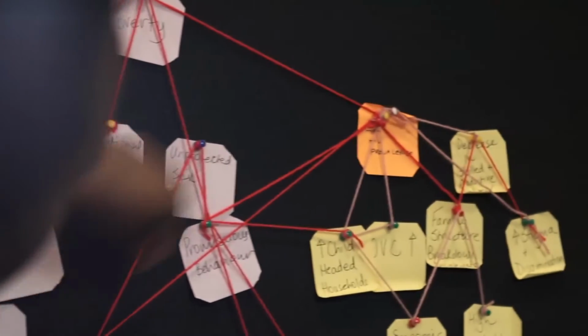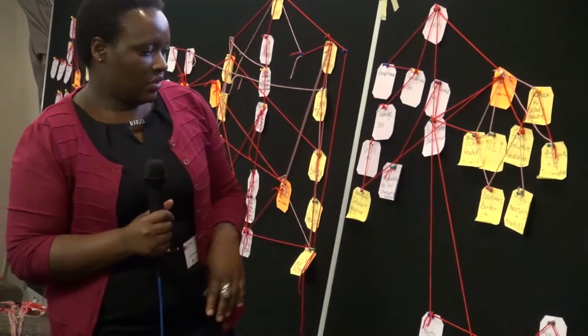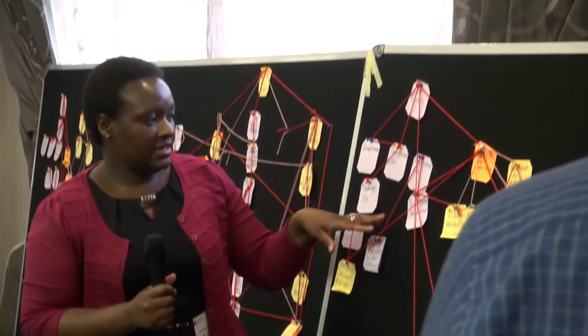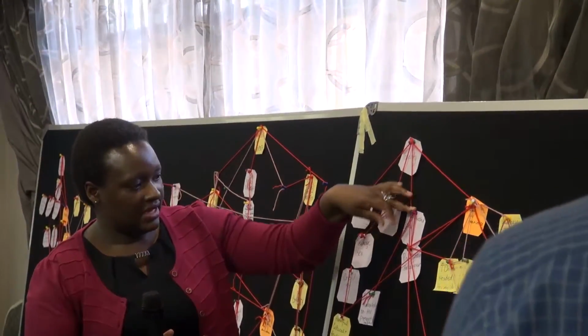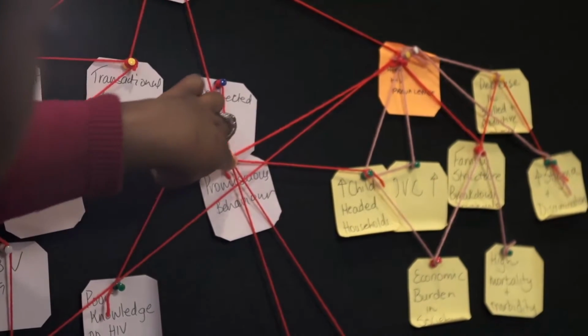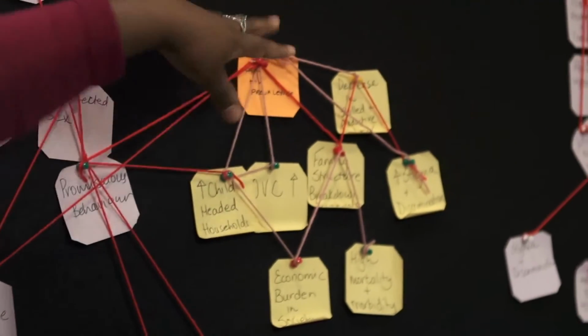Sorry, we don't have the link here, but I think there should be a link. There's also poor knowledge on HIV prevention, directly linking to unprotected sex, and also linked to promiscuous behavior, resulting in child-headed households and also high HIV prevalence.